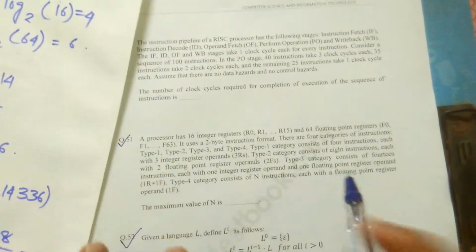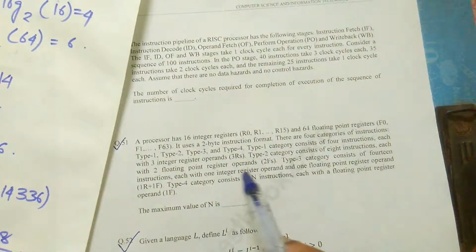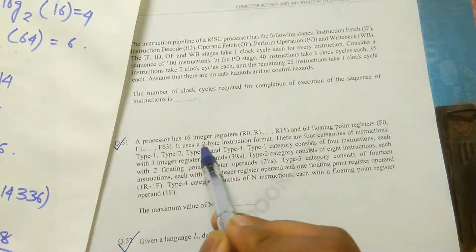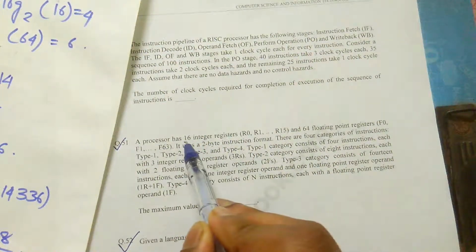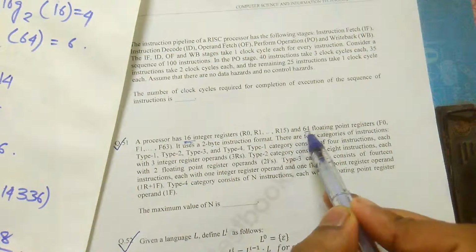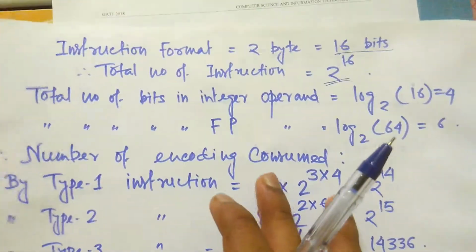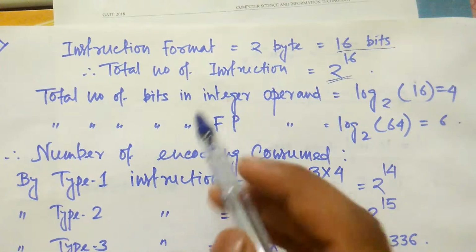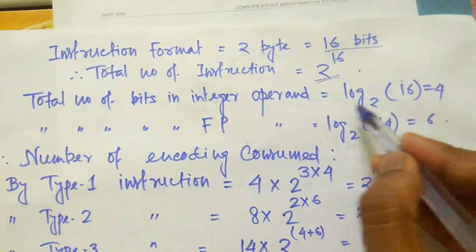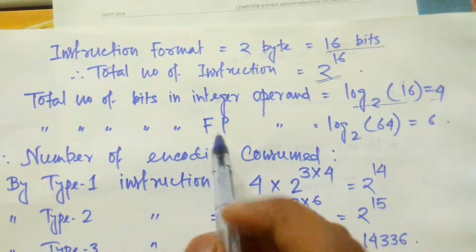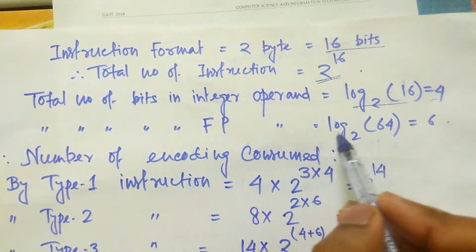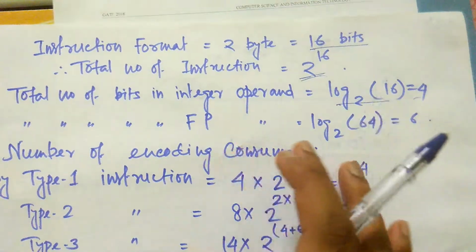It is given in the question that 16 is the integer register count and 64 is the floating point register count. So the total number of bits in an integer operand is log 16, that is 4. The total number of bits in a floating point operand is log 64, that is 6.